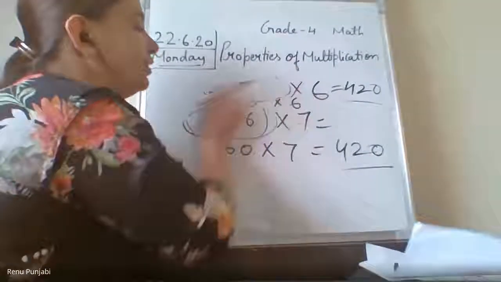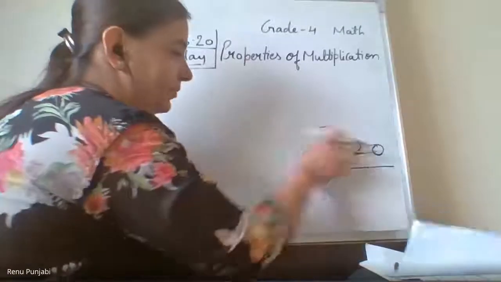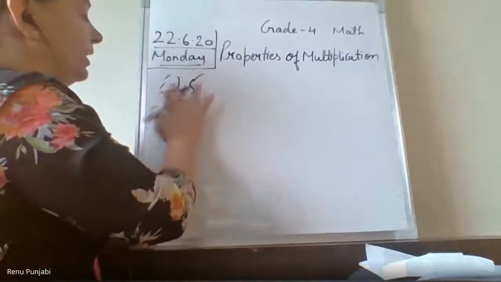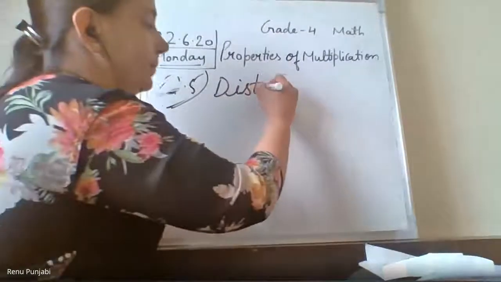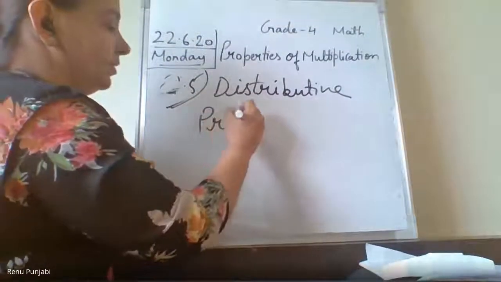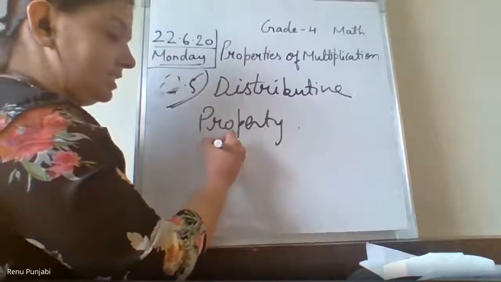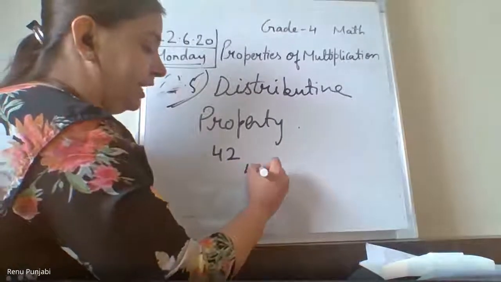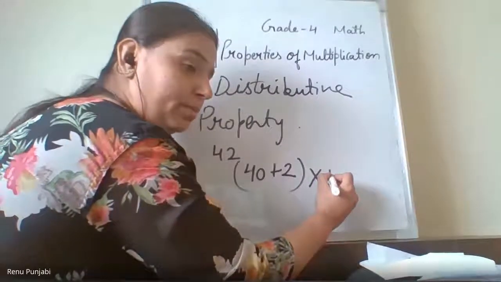Now comes the fifth property of multiplication, that is the distributive property. Distributive property means when it is 42, you distribute the numbers 40 plus 2, and multiply it with 15.